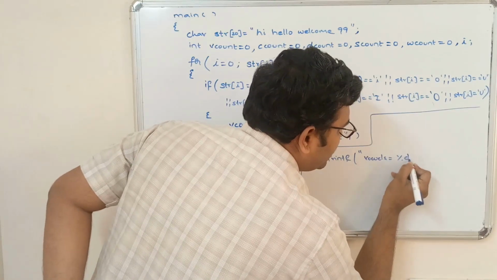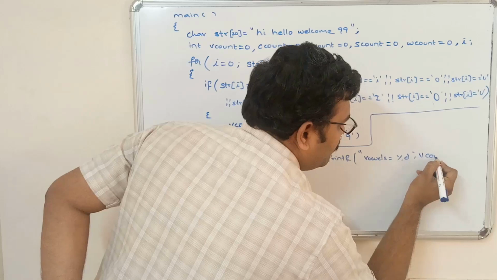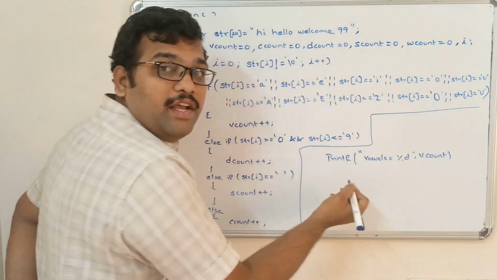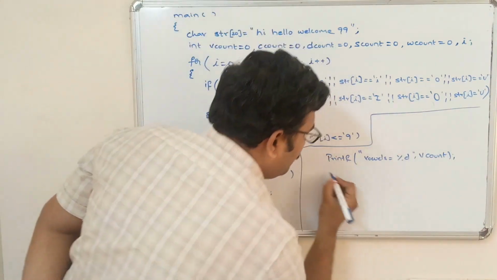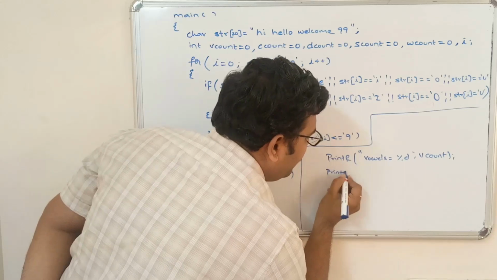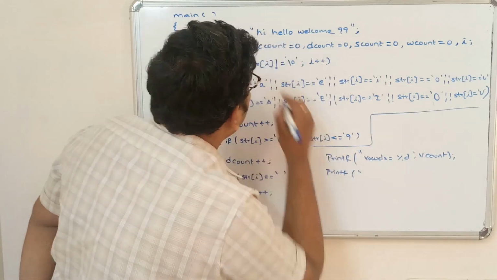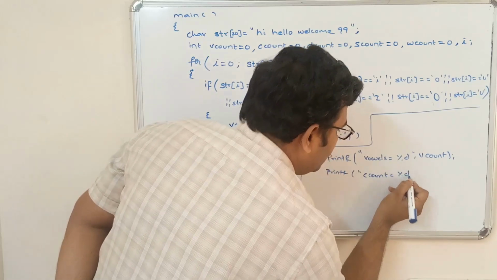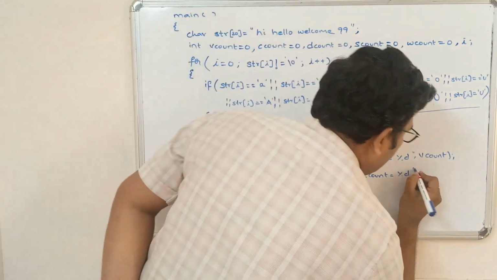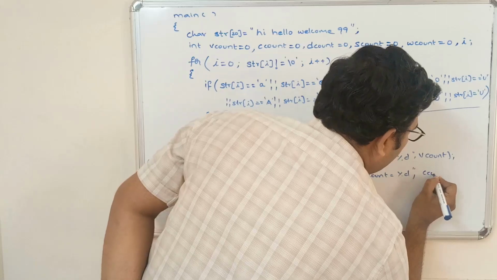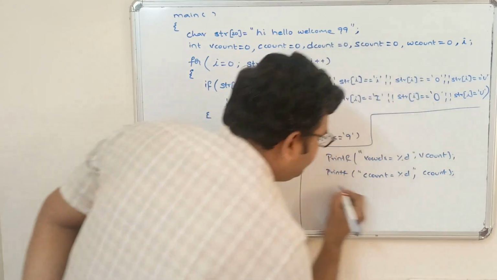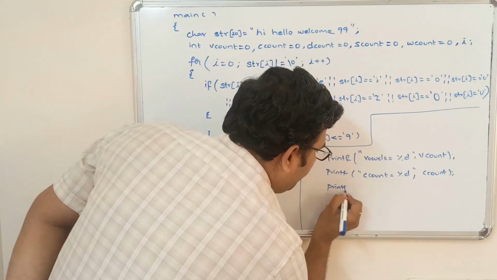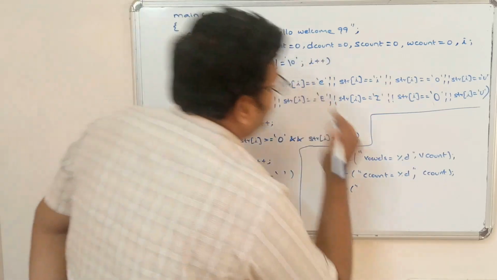Vowels is equal to %d, V count. Next, printf, next one, consonant count. C count is equal to %d, C count. Next, printf, digit count.